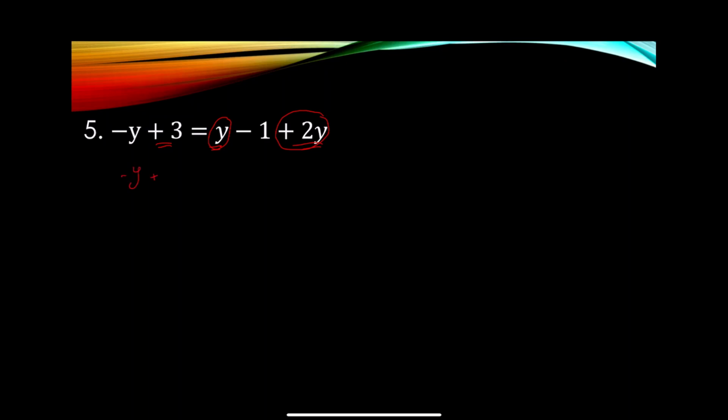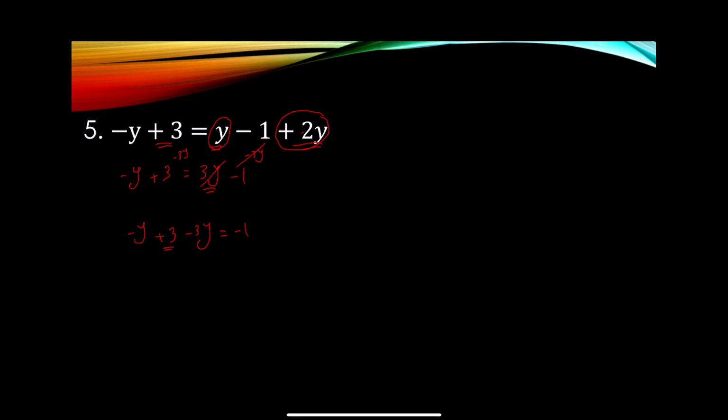Negative y plus 3 equal y plus 2y is known to be 3y, negative 1. Now, we need to get rid of the 3y. So we will add negative 3y to both sides. And this will be cancelled with this. So it's negative y plus 3, negative 3y equal negative 1.